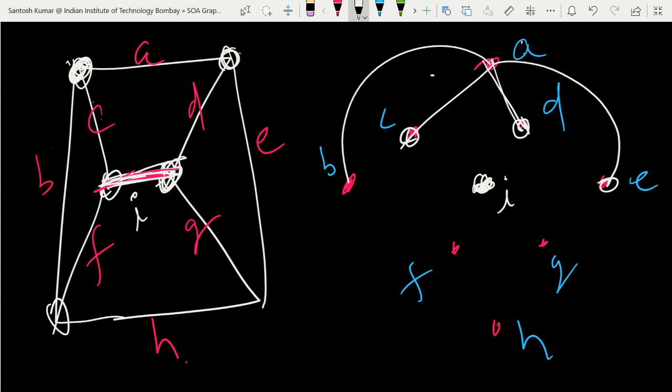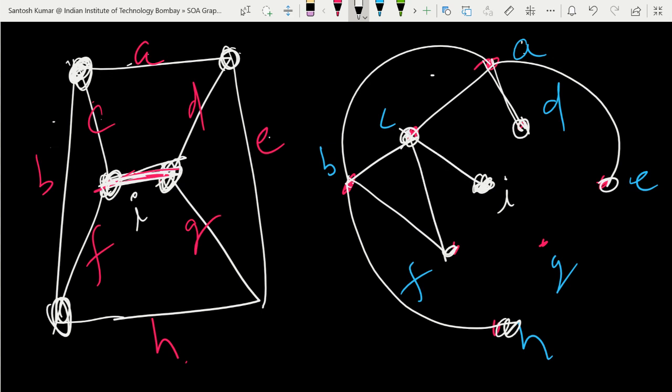B shares a vertex here with A, C, and here with F, H. So B: A, C, F, H. Now come to C. C shares here with A, B and here with I, F. So A, B, F, I. Come to D. D shares with A, E and here with G, I. So A, E, G, I. And E shares with A, D and here with G, H. So A, D, G, H.